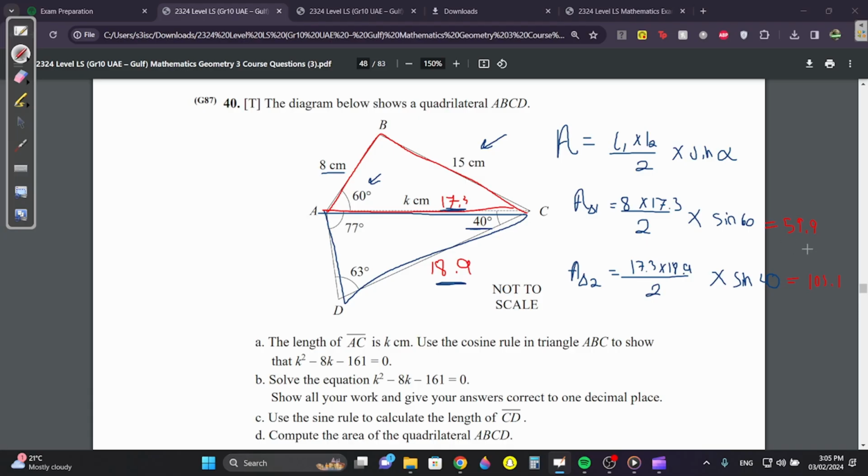So how would you find the total area? You just add these two and you get the area equals 105.1 plus 59.9. Okay, you'll get the area is 165. Since we're talking about centimeters, it will be centimeter square. Please put the unit. I don't think it's really that important, but our math teacher said you have to. Okay, that's it.